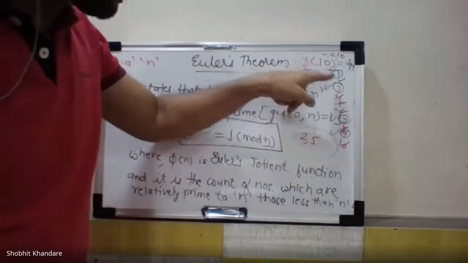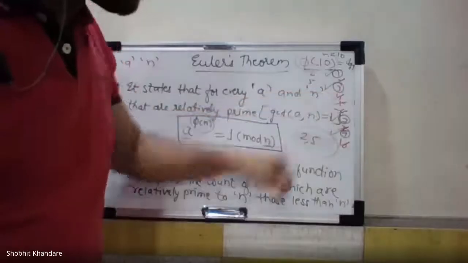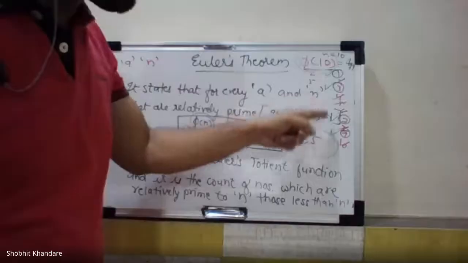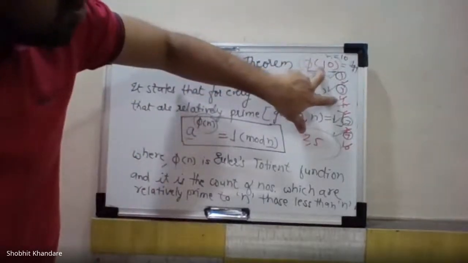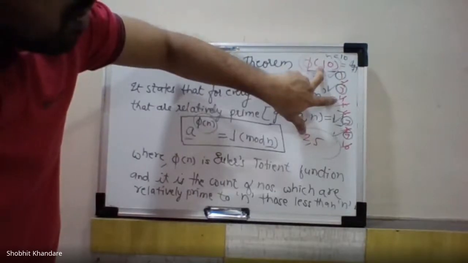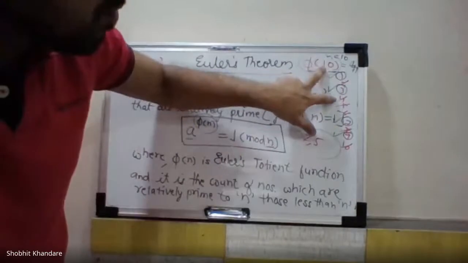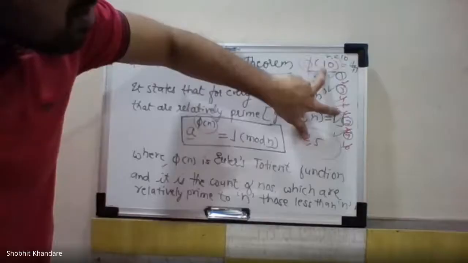Tell me the GCD of 10 and 1: 1. 10 and 3: 1. 10 and 7: 1. 10 and 9: 1. 10 and 2: 2. 10 and 4: is the GCD 1 or not? No. 10 and 5, no. 10 and 6, no. 10 and 7, yes. 10 and 8, no. 10 and 9, yes. 10 and 10, no.